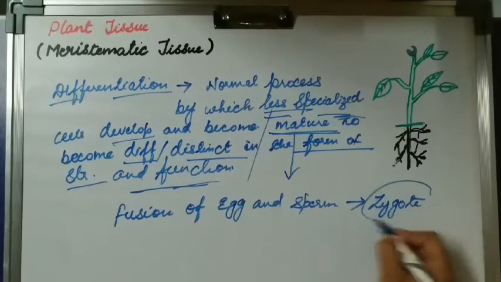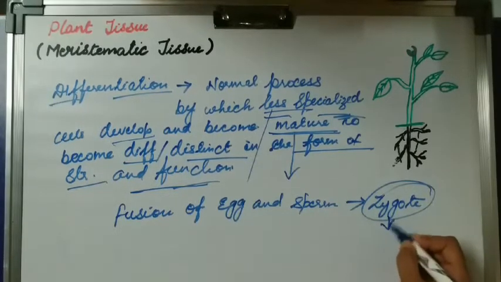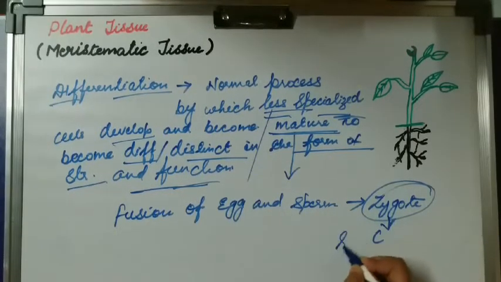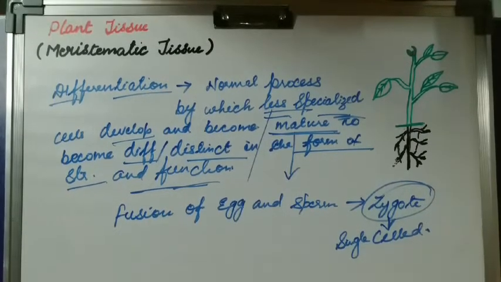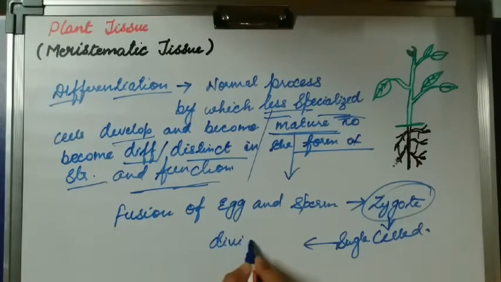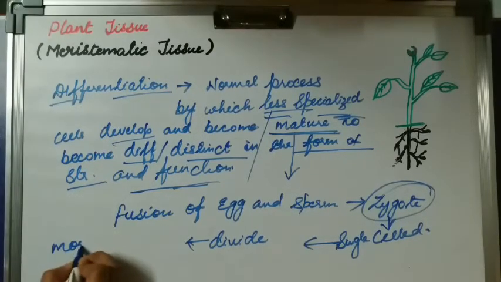So this zygote is a single cell. Now this zygote single cell will divide rapidly to further develop into more complex multisystem.